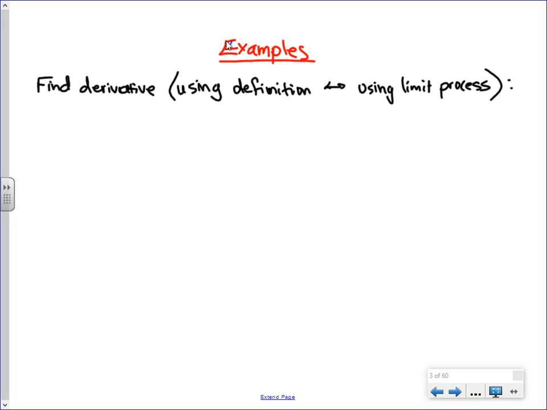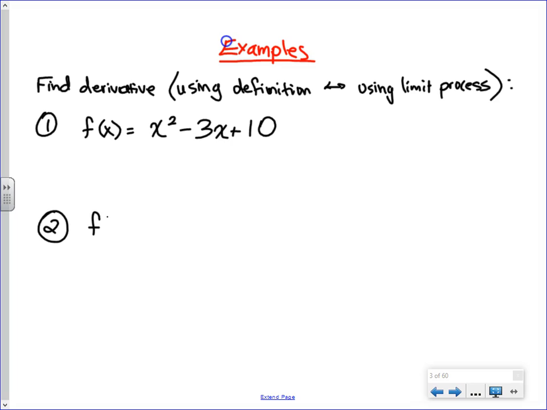Meaning, in order to find a derivative, we have to have some sort of beginning function. We're going to do x squared minus 3x plus 10. Let's go ahead and do f of x is equal to the square root of 3x plus 1.